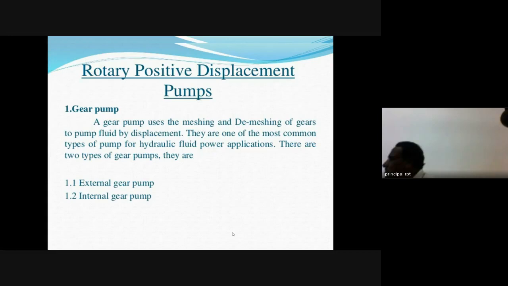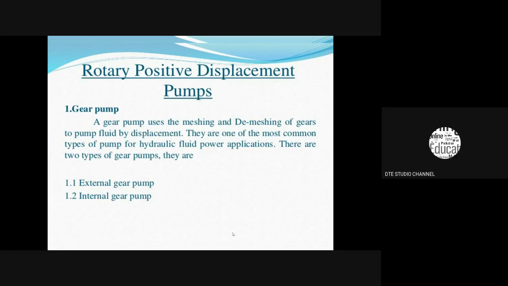It consists of driving gear and driven gear. A gear pump uses the meshing and de-meshing of gears to pump fluid by displacement. They are one of the most common types for hydraulic fluid power applications. There are two types of gear pumps: external gear pump and internal gear pump.